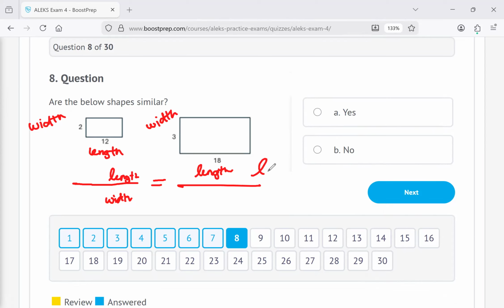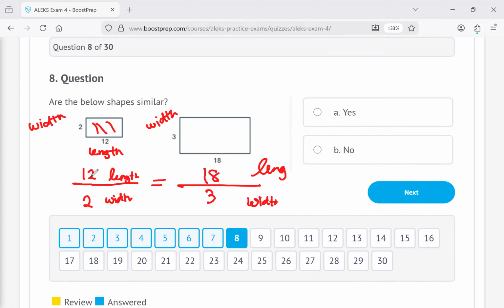Same thing here, length on the top, width on the bottom. So if you look at this rectangle here, my length is 12, my width is 2, then it has to be the same order. So on this rectangle, what is my length? 18. What's my width? 3.